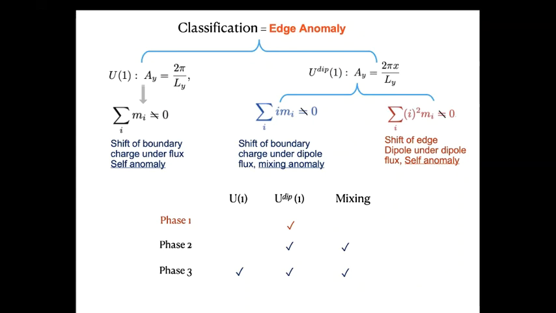It is really an internal symmetry. Dipole moment is not. The dipole moment or dipole charge is not invariant under translation, and that also means that the dipole charge transforms non-trivially under translation. So this is not an internal symmetry. And this should be pretty important when we think about other generalizations.